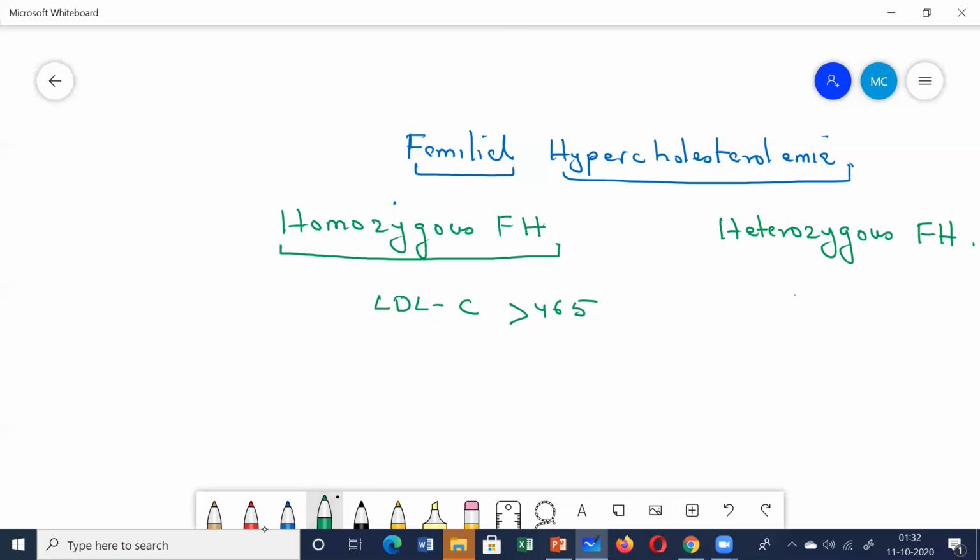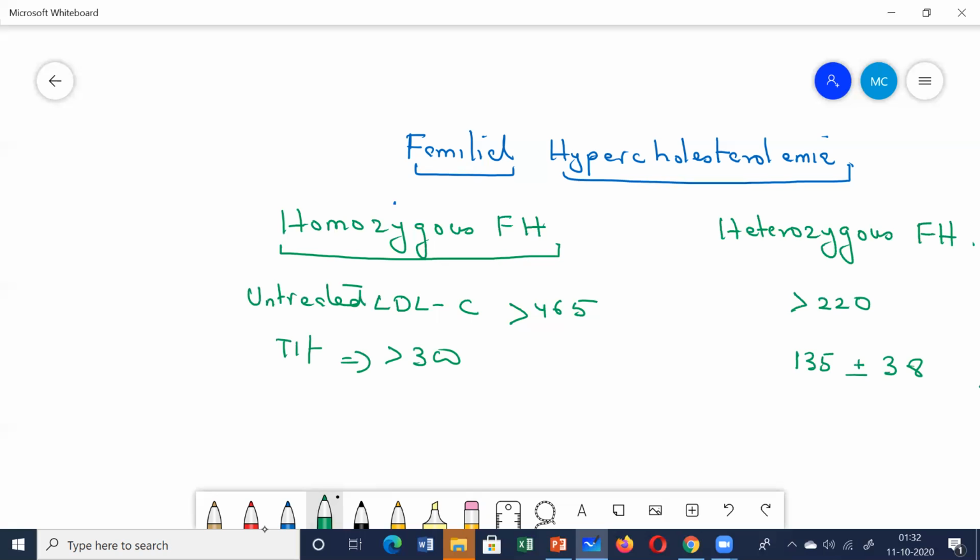And in heterozygous ones, that is usually more than 220 mg per dl. After maximum tolerated drug therapy, in the homozygous it is still above 300, while in the heterozygous after treatment it reaches around 135, plus minus 38.